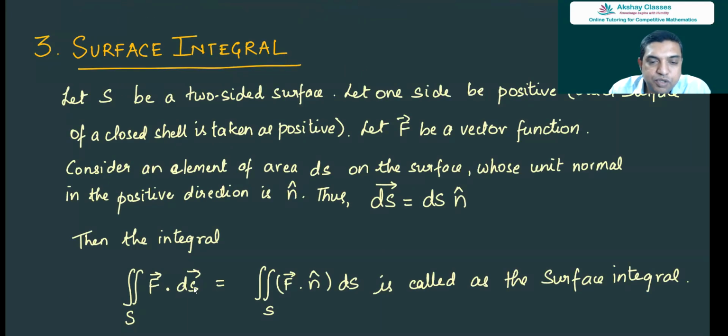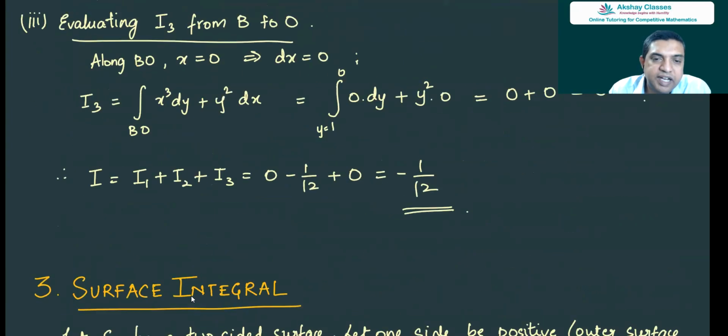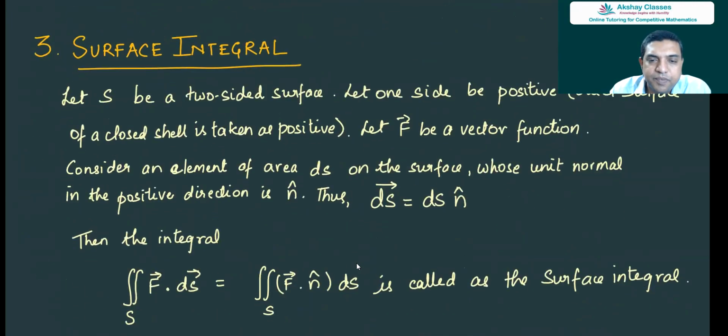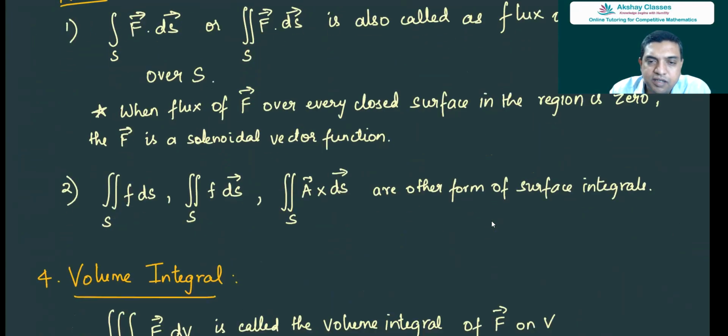Your differential was on the vector ds, but for line integral it is dr. What does dr represent? Anybody remember what dr represents in a line integral?